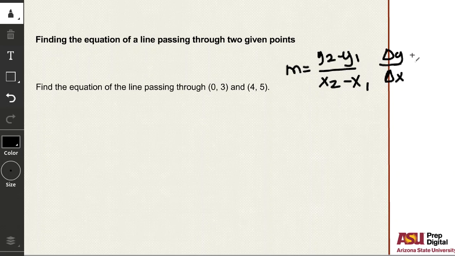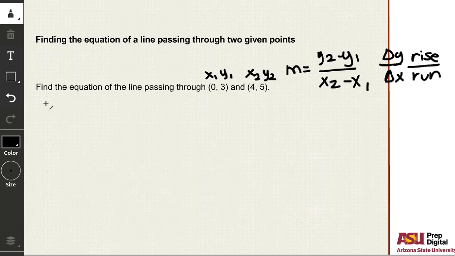You may have heard rise over run. So those are all different ways you may have seen the slope, but this is the equation we're going to use. So I'm going to label my first coordinate x1, y1, and my second coordinate x2, y2.